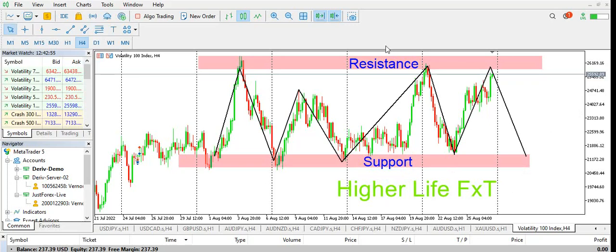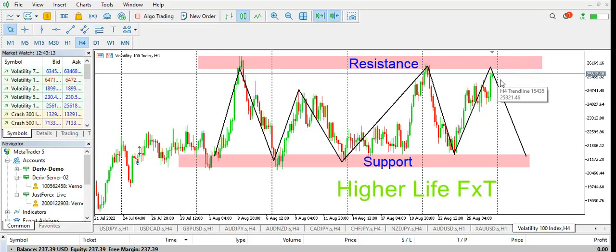So right now what we can do is wait for it to enter this pink area and wait for a rejection. Then we know we can sell.